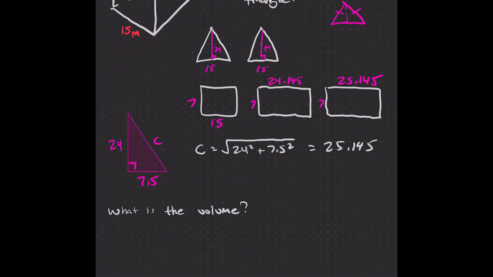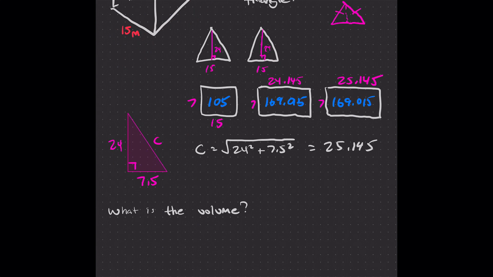To calculate this shape and this shape, which are just rectangles, we're just going to do length times width. When you calculate those out, 7 times 15 is 105, and 24.145 times 7 is 169.015, and that would be the same for both of these.